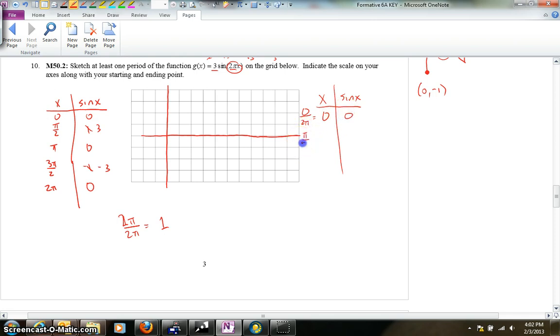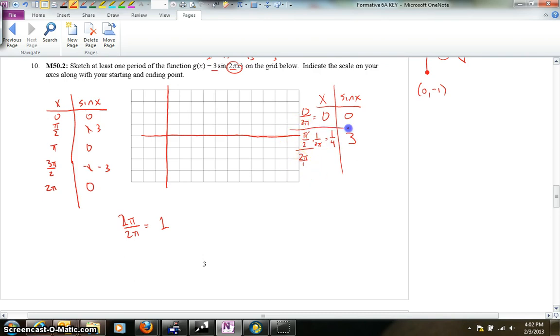Pi over 2 divided by 2 pi is actually just like multiplying by 1 over 2 pi. The pi's cancel and we just get 1/4. So it's 1/4, 3.